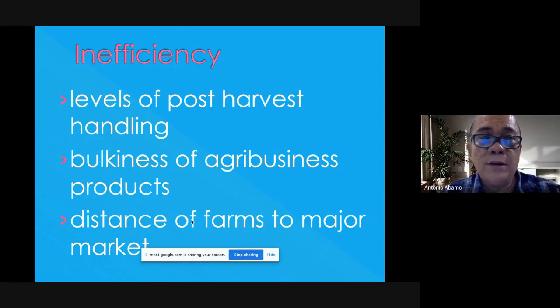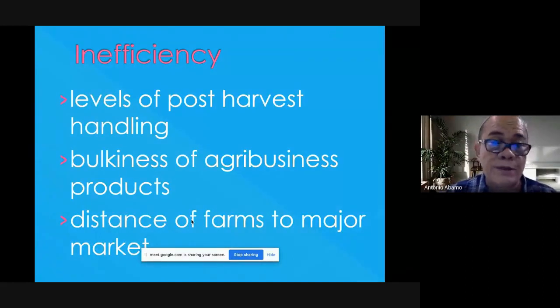So in order to avoid inefficiency, the distance of the farm to the major market is very critical. That's why a lot of times we really need middlemen also, because they provide a solution to space utility. In other words, the distance from the farm to the market.